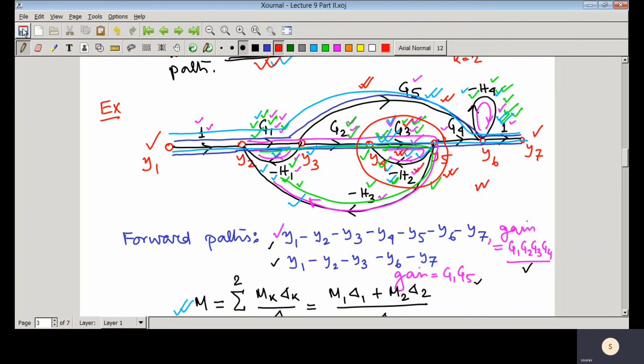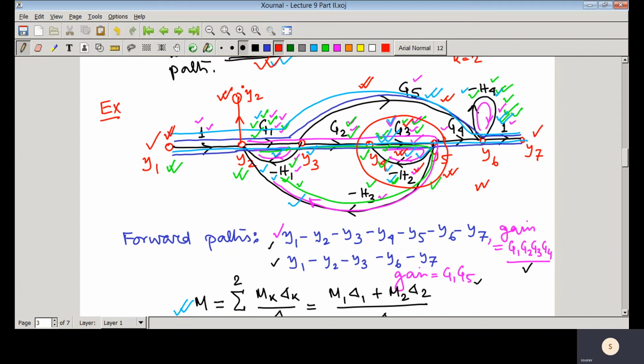if I ask you what would be the transfer function from y1 to y2. Suppose this is given and you need to find the transfer function from y1 to y2. As we have already discussed, you can make any node an output node if it is not an input node. So I am making this node the output node. Our objective now is to find the transfer function from y1 to y2.